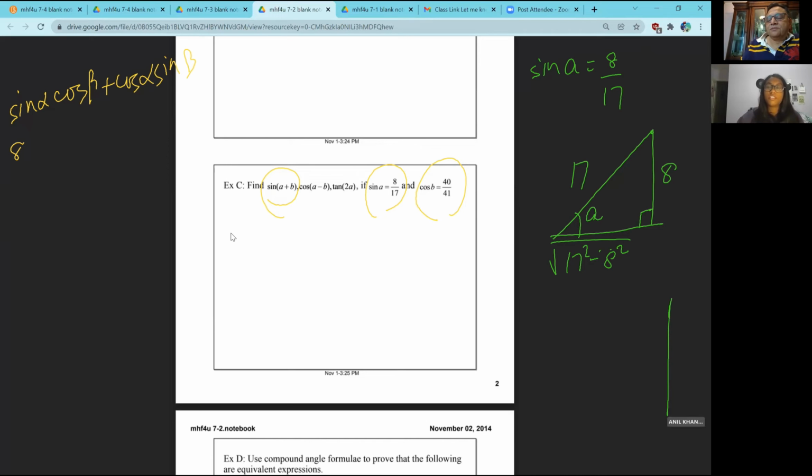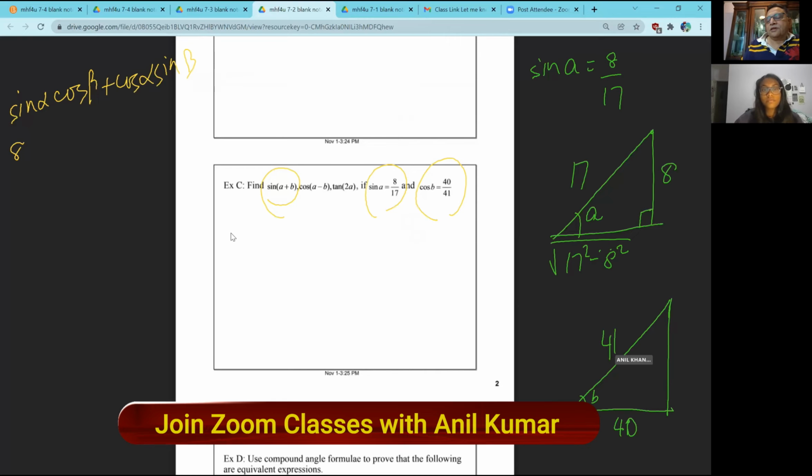Similarly, for the other angle, which is B, we are given the cos value 40/41, correct? So you can find that side, which is the square root of 41 squared minus 40 squared. Can you find those values also? We'll write them down, then apply the formula and get the result. Simple as that. So first thing, solve your triangle. In this case, step number 1, solve your triangle, correct?